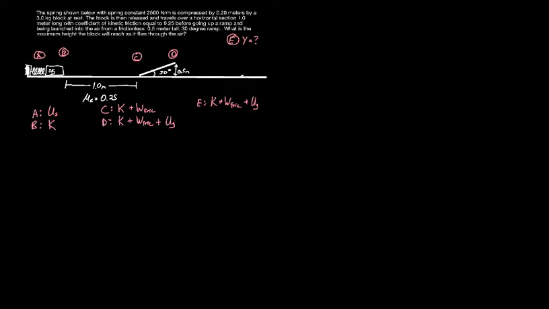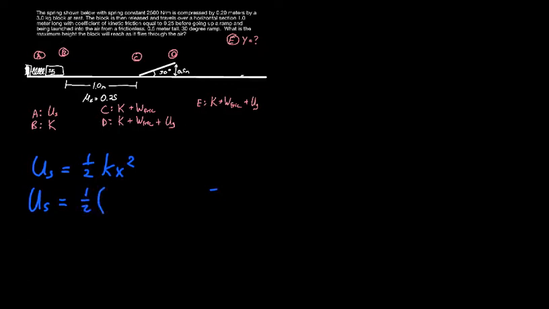So let's start with that very first moment, moment A, where I have nothing but spring energy. I can calculate spring potential energy by using the equation 1/2 kx squared. Be careful when you're drawing this out that k is a lowercase k, and it means the spring constant, not kinetic energy. So I'm given each of those values.